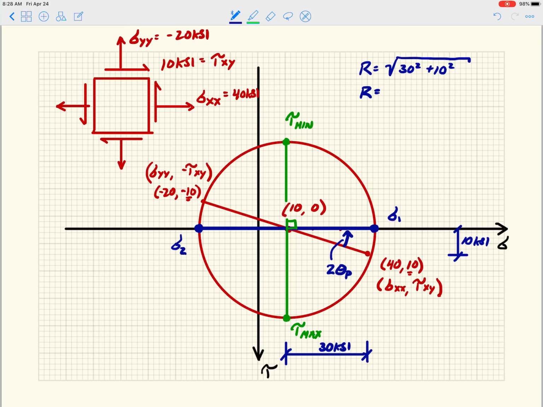Not exactly sure what that is, but it's probably something on the order. In fact, let me just do this quickly. I'll just use Excel. Here we go. So we'll do 900 plus 100, and then I'm going to take the square root of that.